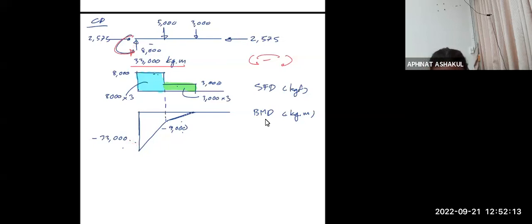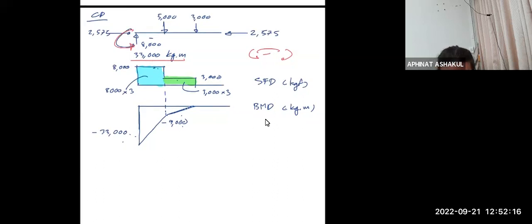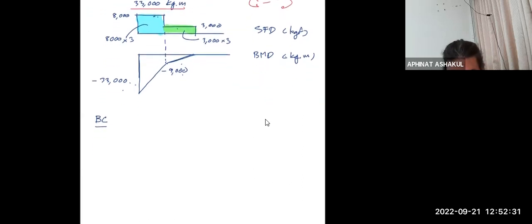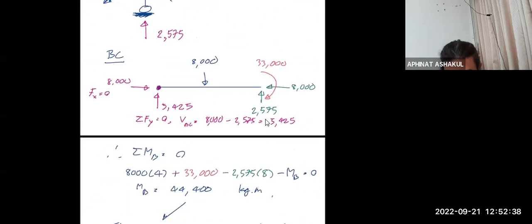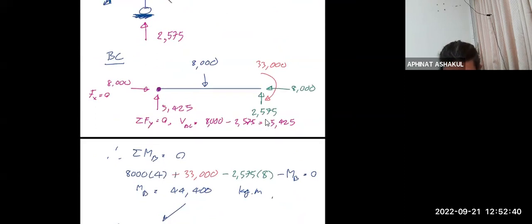Okay. Now we move on to BC. I'm sorry. For BC, now, from your correct free body diagram, you see, now you have, oops, I forgot to put this back on here.